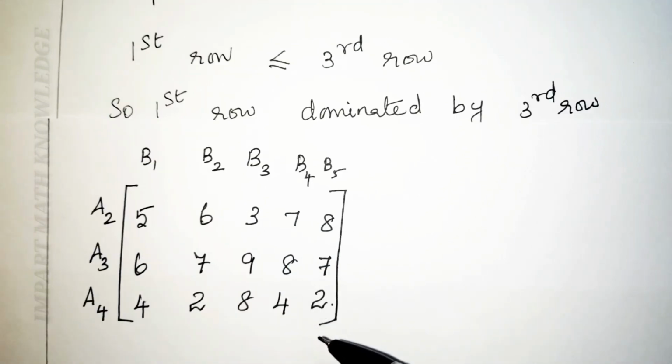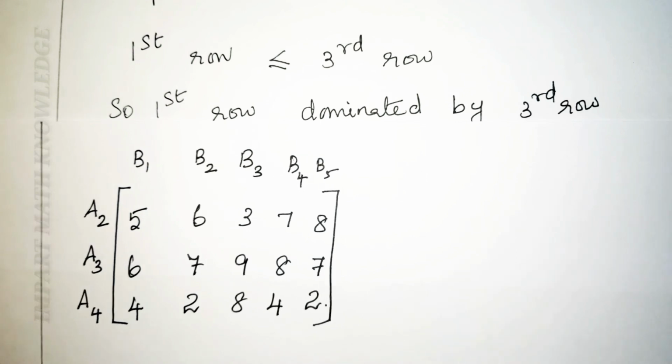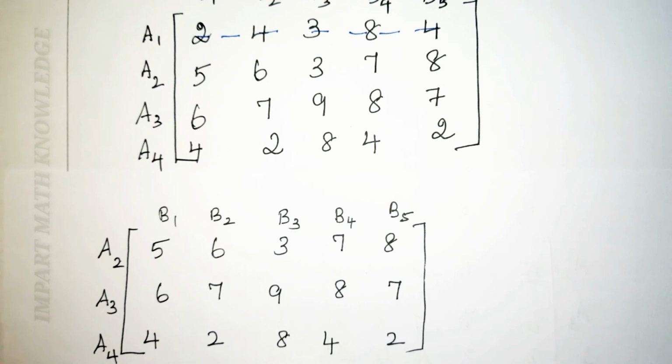This is the reduced matrix. You can perform either row reduction or column reduction. Now I compare the third row with the first row. 4 is less than 5, 2 is less than 6, 8 is greater than 3. So no dominance. Now I check the third row with the second row. 4 is less than 6, 2 is less than 7, 8 is less than 9, 4 is less than 8 and 2 is less than 7. So the third row is less than the second row.